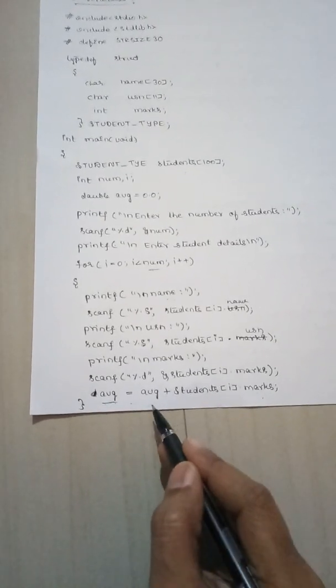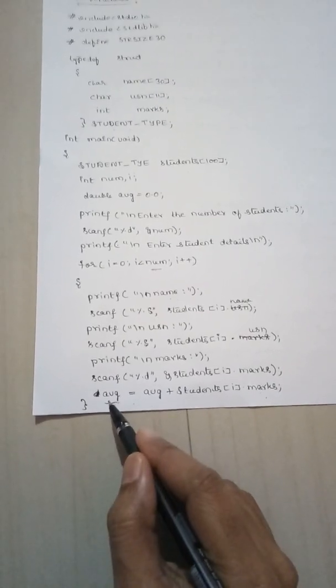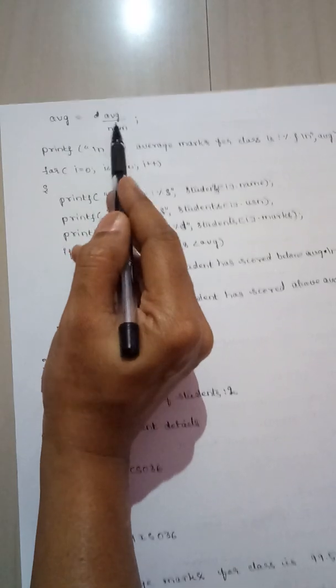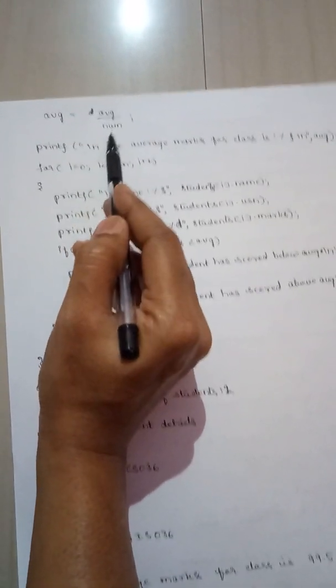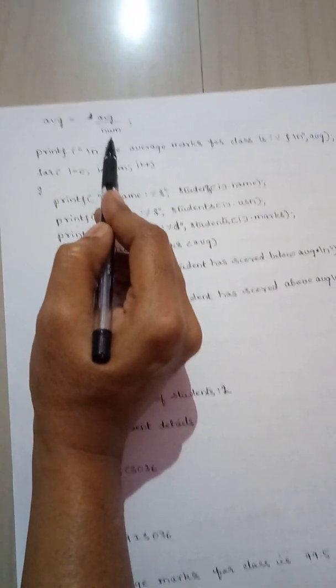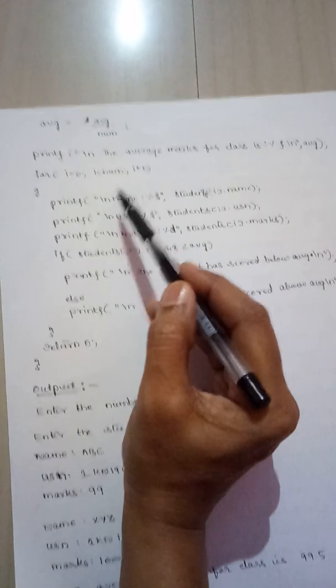Close the bracket. Then average is equal to the final value of average, that is the calculated value of average divided by the number of students, the number of marks scored. Then printf the average.